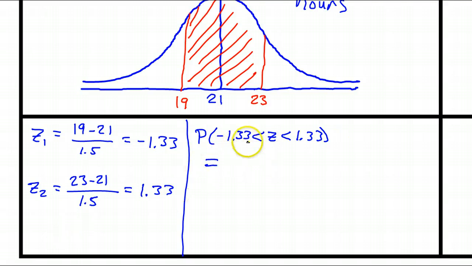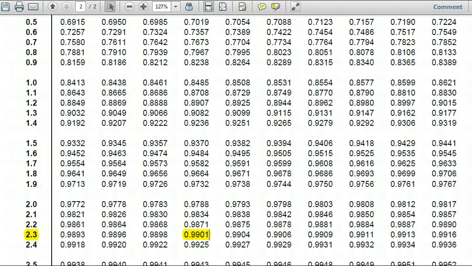Alright, so we're going to go to the z-score table, but just understand that the proportions that we're going to get between these two z-scores, we're going to need the difference. We're going to wind up subtracting the two values to find the proportion between the two. So it'll be the bigger one minus the smaller one. So let's start with positive 1.33.